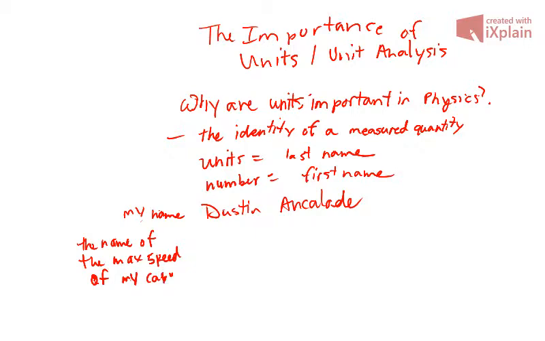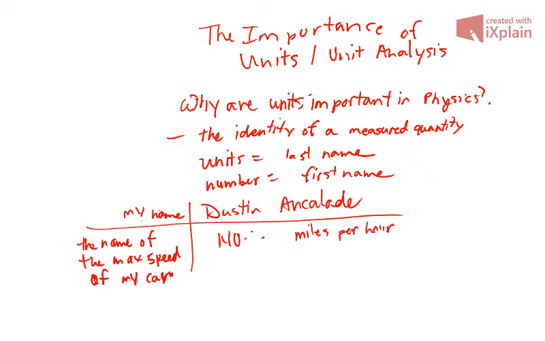So that's what we're going to compare, I guess. My name, just Dustin Oncolade, the name of the max speed of my car, I don't know, on the speedometer maybe it says like 140 miles per hour. Sorry, I did that wrong. 140 miles per hour. Okay, so really, this looks bad.